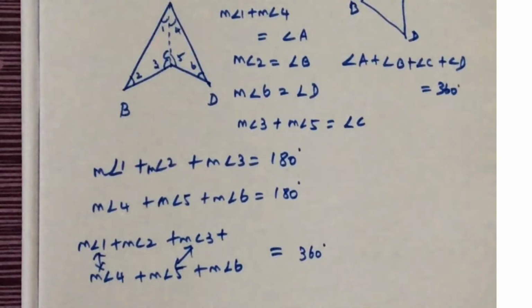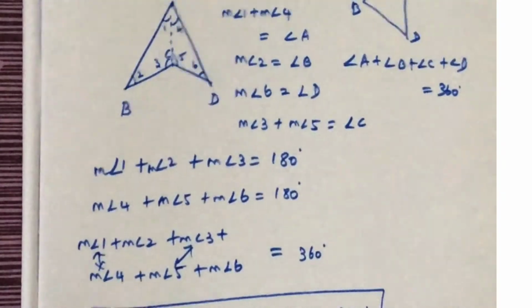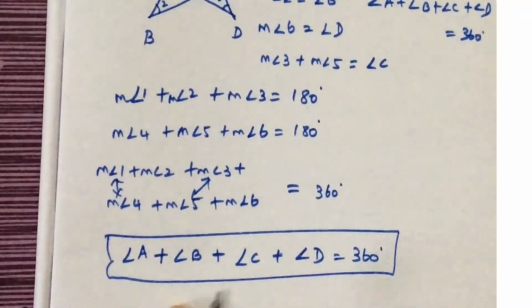So whether the quadrilateral is convex or concave, the sum of the angles in a quadrilateral should give 360 degrees.